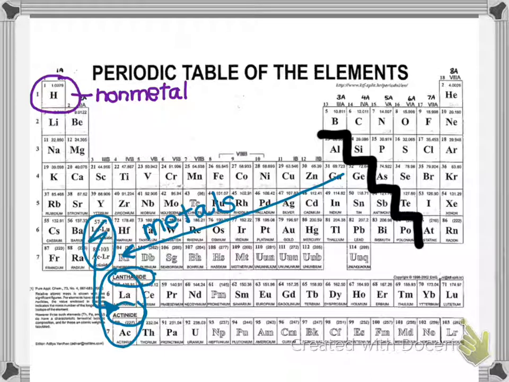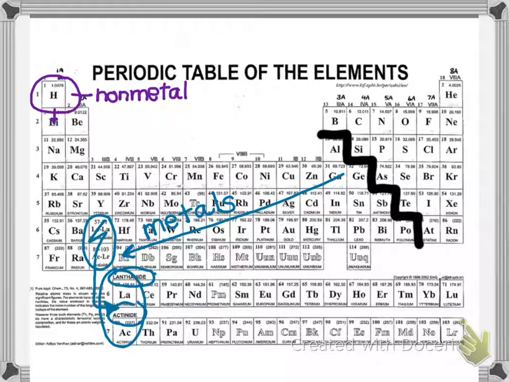It's a gas, for example, and the metals we know, except for mercury, are all solids at room temperature. But it can sometimes act like some of the metals, like all of these below it. I really do kind of think of hydrogen as a loner. It is classified in this case as a nonmetal.